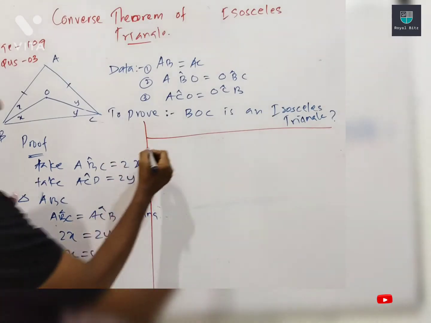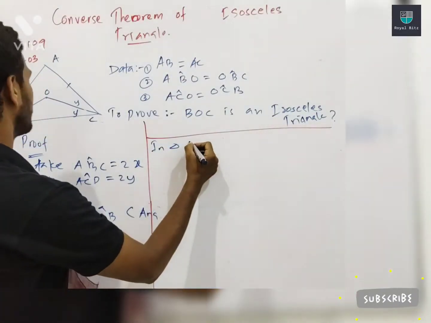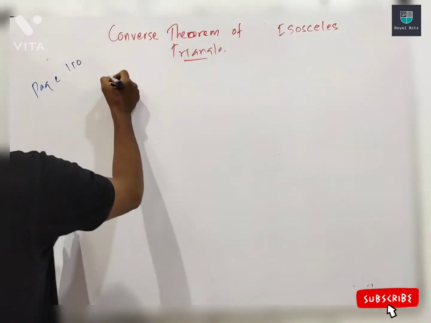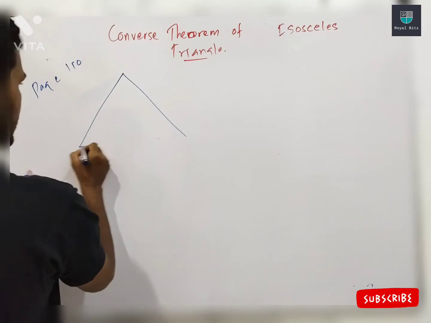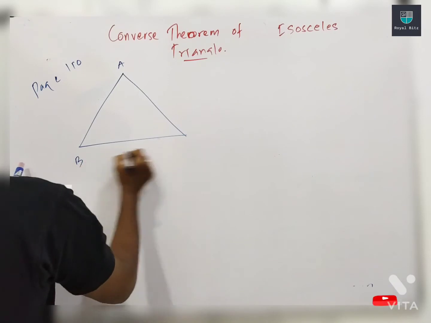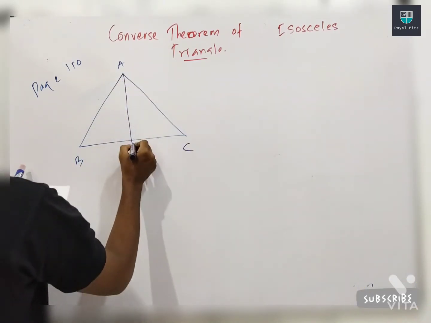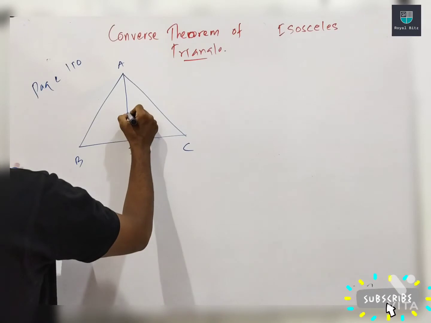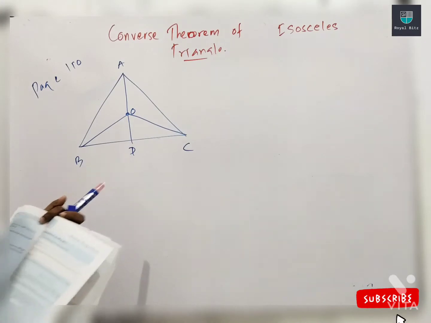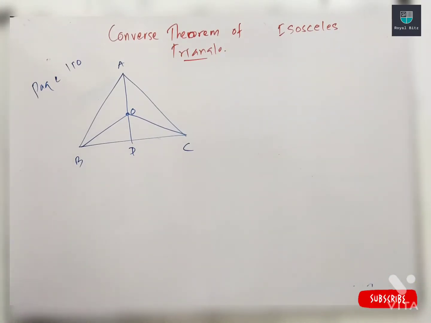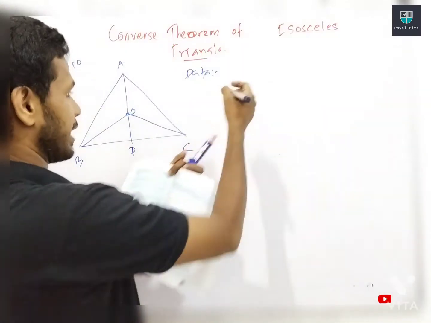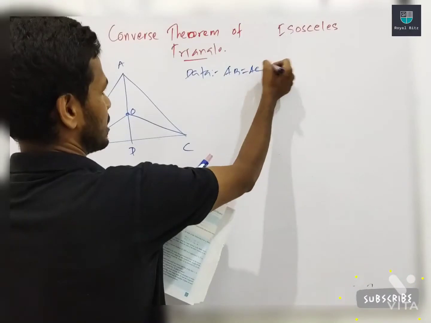So again, in triangle BOC, this is A, B, C, again this is D, this is O. In triangle ABC, the data is AB is equal to AC. Okay, that is number one.